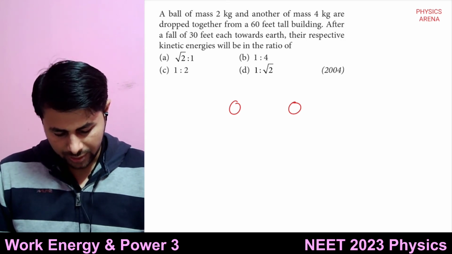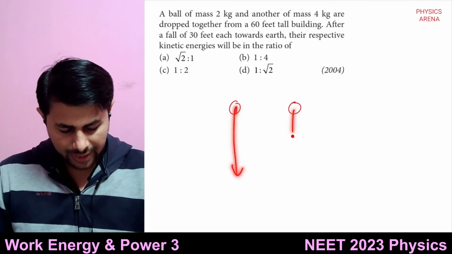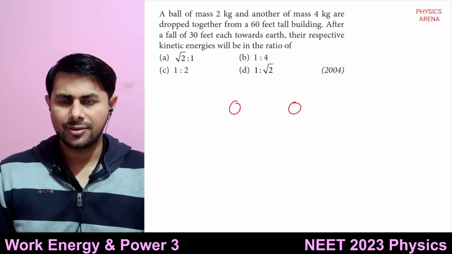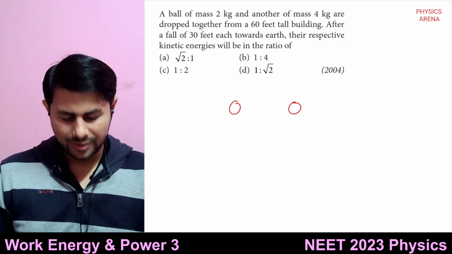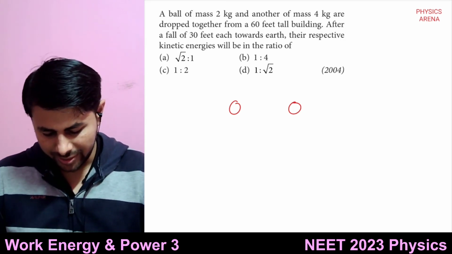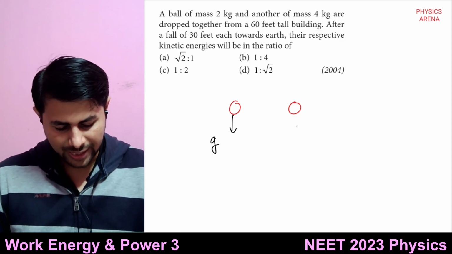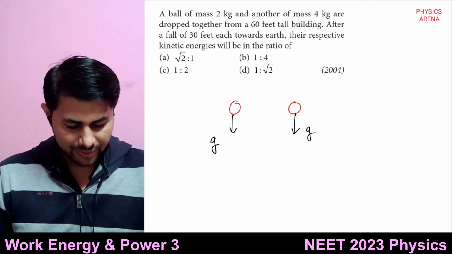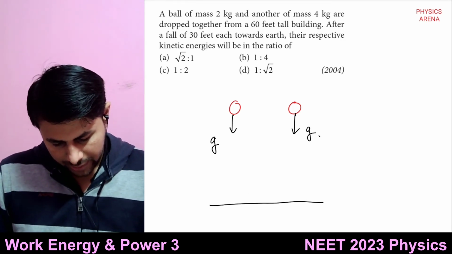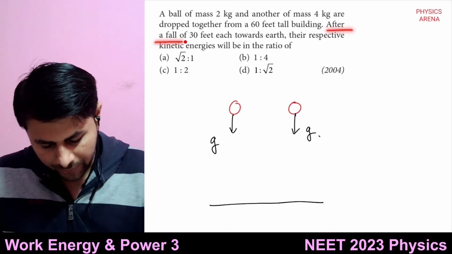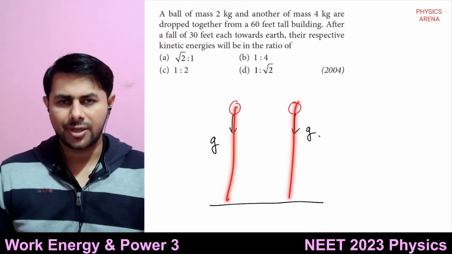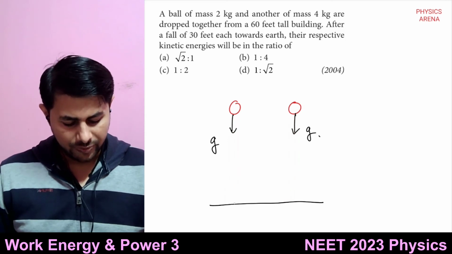Does their acceleration depend on their masses? No, right? It doesn't depend on mass. Both of them will fall with the same acceleration, which is acceleration due to gravity. Now after a fall of 30 feet each towards earth, their velocities will be equal.